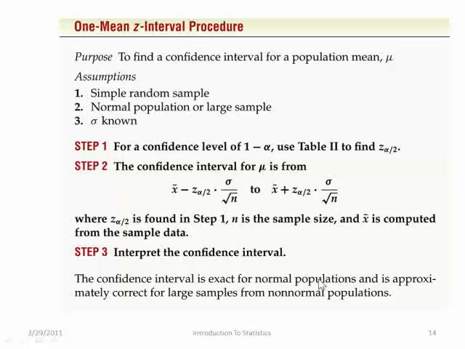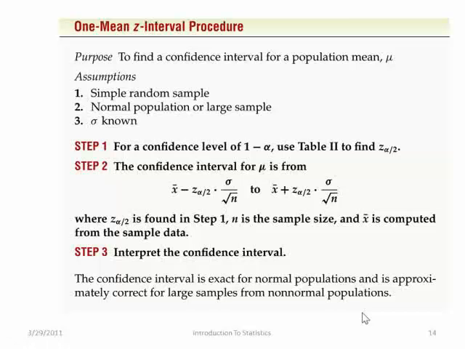Trust me, whether these intervals are exact, it's not going to make or break you. I mean, seriously, it's not. But you don't want to mess it up either. So if the population is normal, then this is exact. If the population is skewed away from normality, then these will be approximately correct. All right?